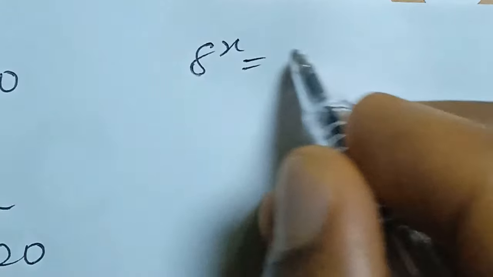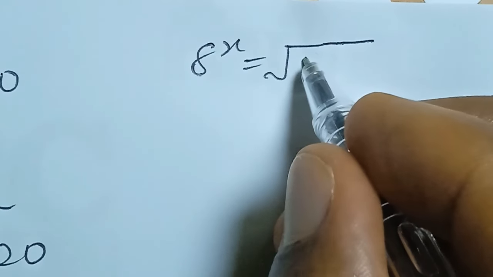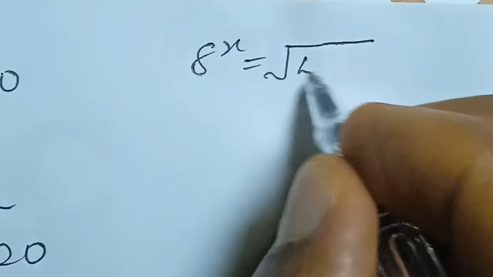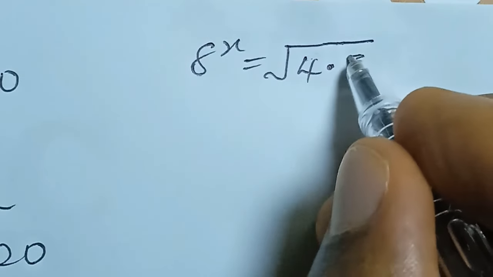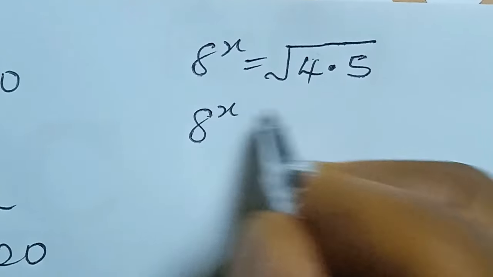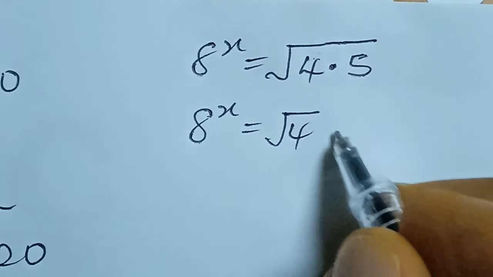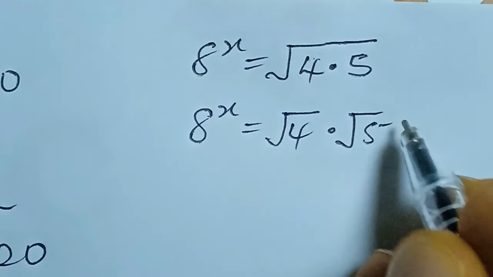From here, we now have 8 to the power of x equal to square root of 20, which is simplified as square root of 4 multiplied by 5. Now we can split this as 8 to the power of x equal to square root of 4 multiplied by square root of 5.